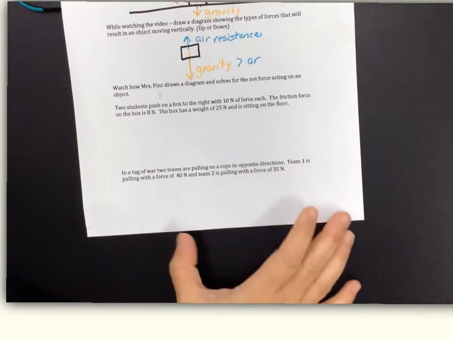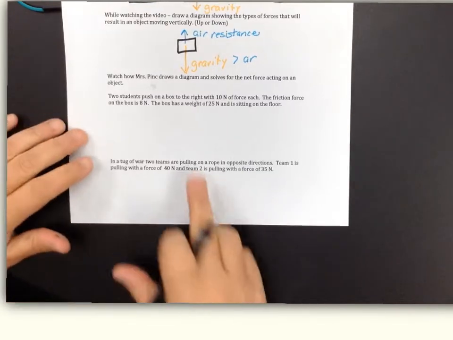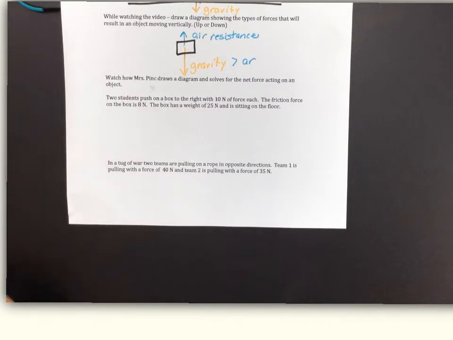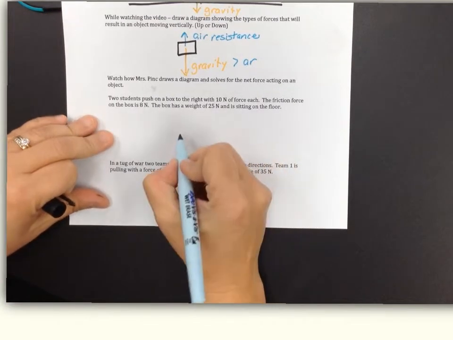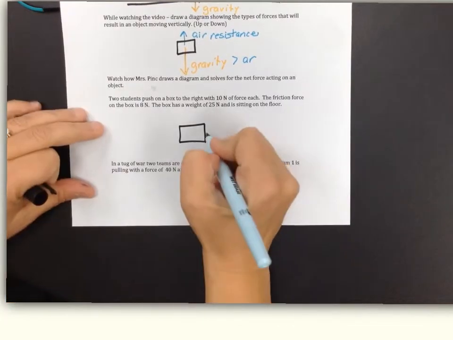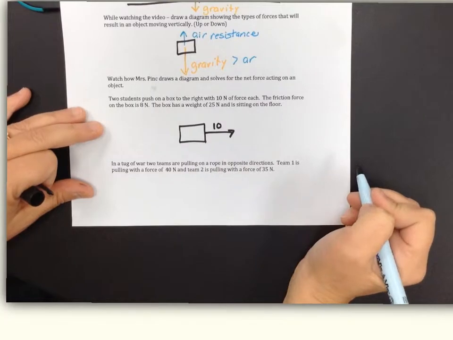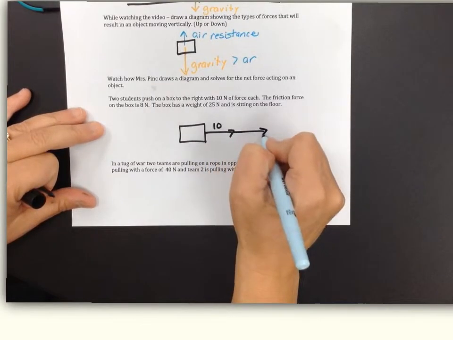Now we can actually put numbers to these. Let's look at these 2 examples. 2 students push on a box to the right with 10 newtons of force each. So here's my box. I have 2 students pushing to the right. Here's my first student. He's pushing with a force of 10. Here's my second student.